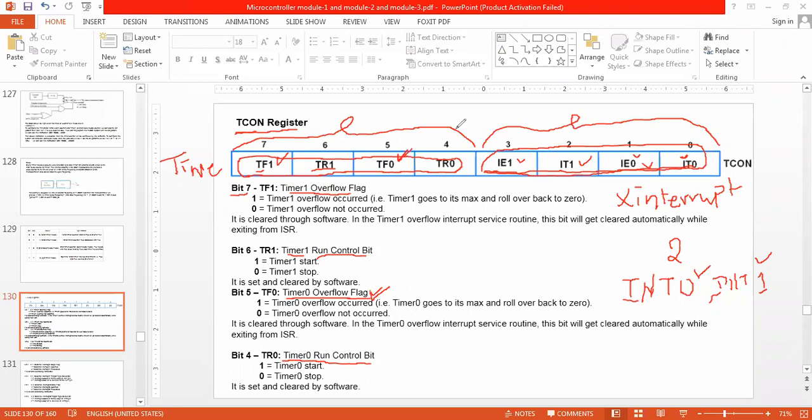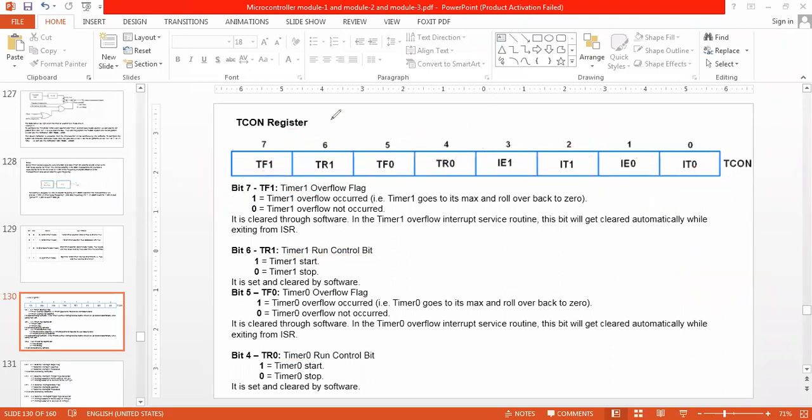It means, say I am working upon mode 2, timer 0, with TH0 and TL0.